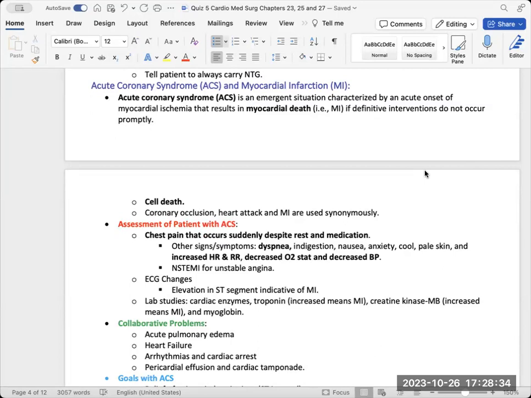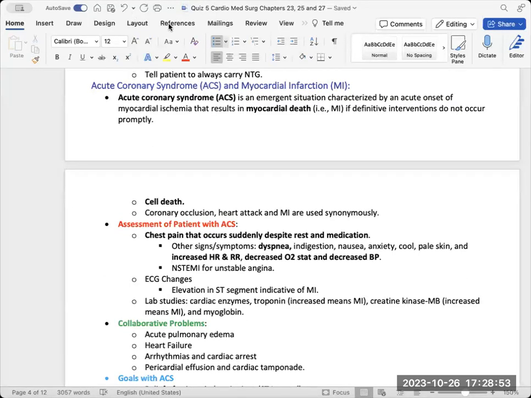Okay, so another thing that we're going to talk about is MI. Everything starts to repeat, if you're noticing. So I'm not going to get too crazy into the symptoms, but you see chest pain, elevation in the ST, right? As I said, a myocardial infarction is caused by ischemia.